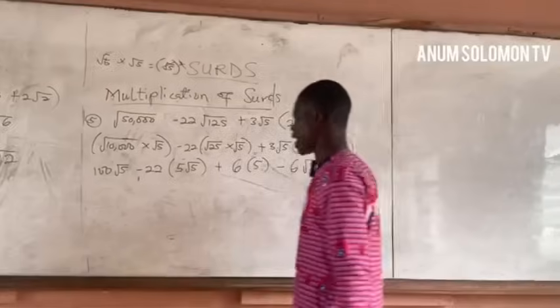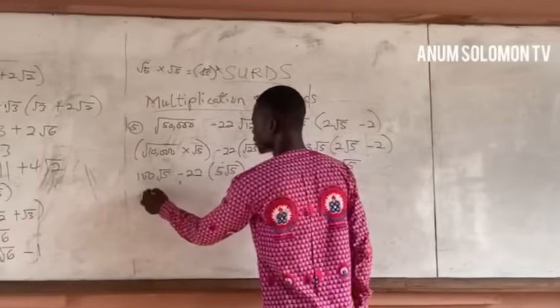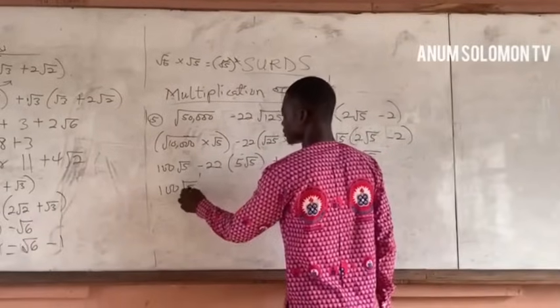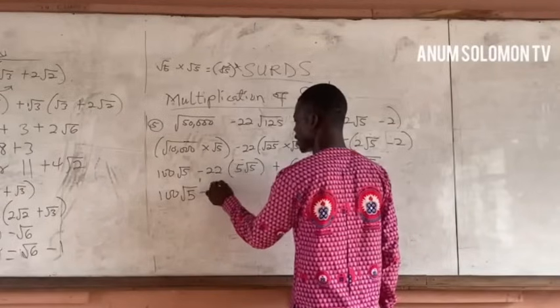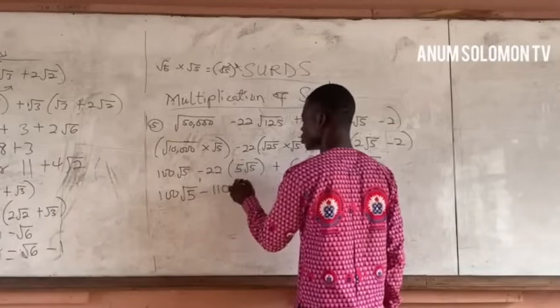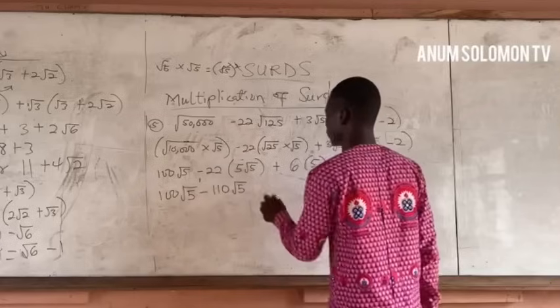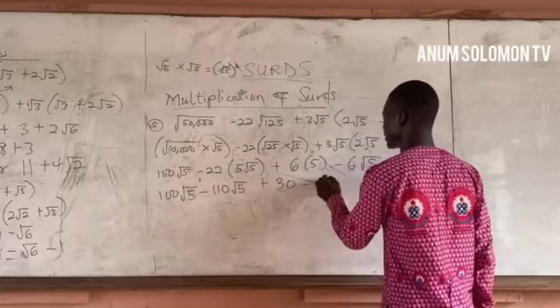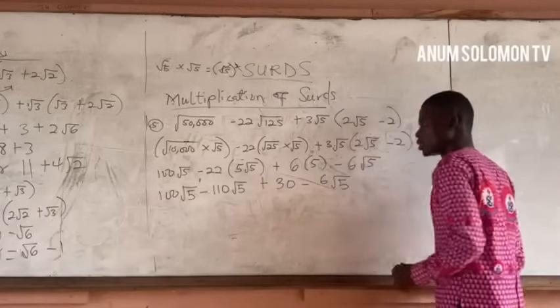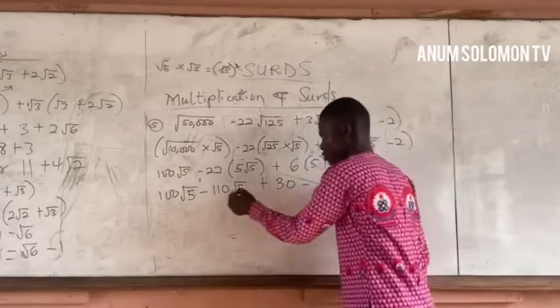Now let's simplify. We have our 100 root of 5. So 22 times 5 is minus 110 root 5 plus 6 times 5, 30, minus 6 root what? 5.